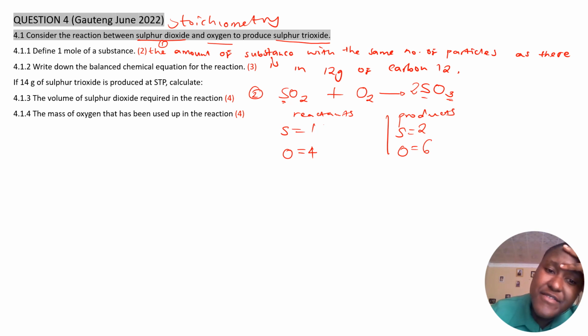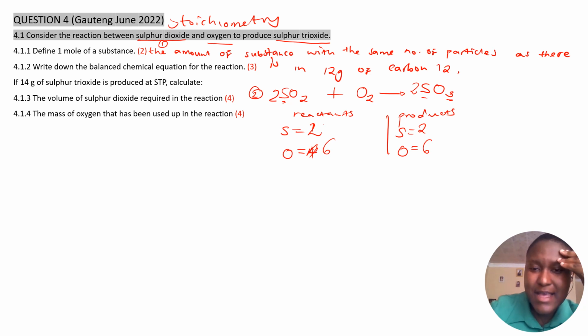You now have 2 sulfurs, and this side you have 1, you have 6, this side you have 2 and 2. So what you can then do is, if you put 2 there, that is 2 times 1, which is 2, and 2 times 2, which is 4, plus this 2, which is now 6. So you have 2 sulfurs on both sides and 6 oxygens on both sides.